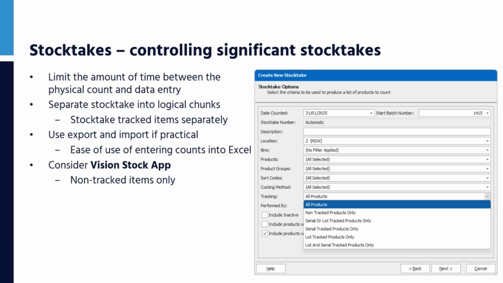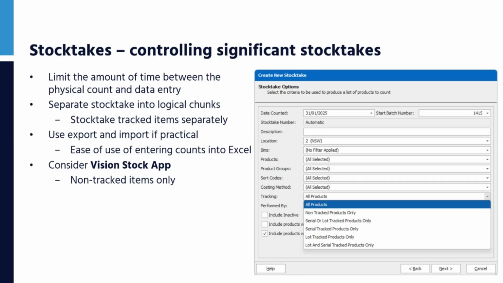Okay, from a stock take perspective, there have been a number of changes made recently here that makes it easier to process your stock take. So just in terms of some of the general rules of thumb, it's a good idea to limit the amount of time between when the physical count and data entry of that count occurred. You don't have to stop data entry occurring because there is some sensitivity as to the batch numbers.